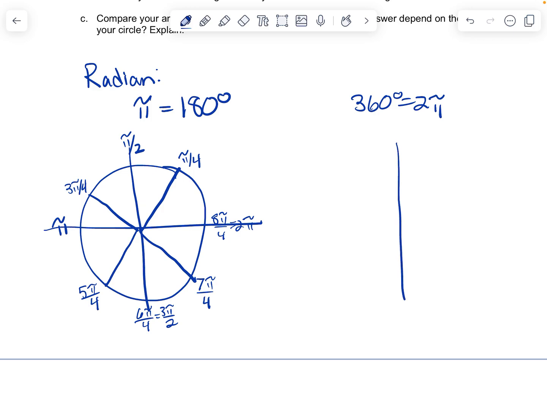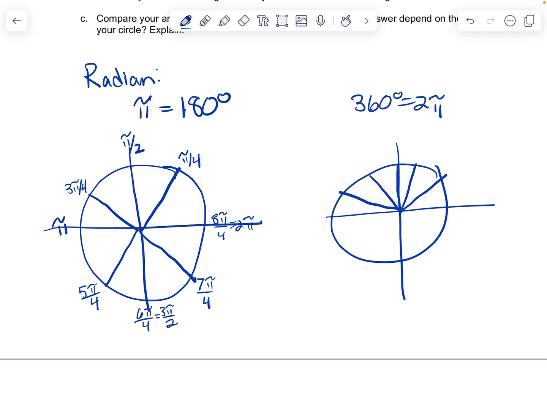Now our other special measurement was 30 degrees. So if I do 30, 60, 90, 120, 150, 180, right? So this is pi. So 1, 2, 3, 4, 5, 6.